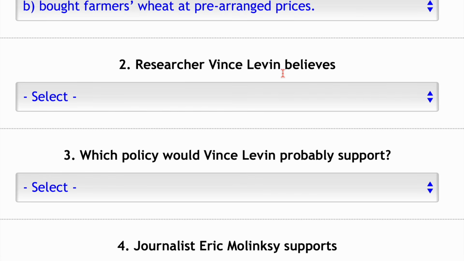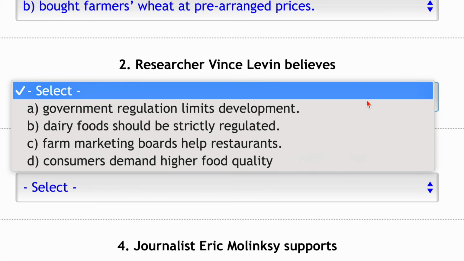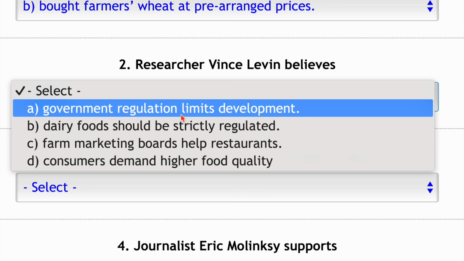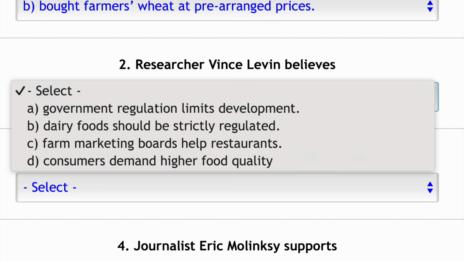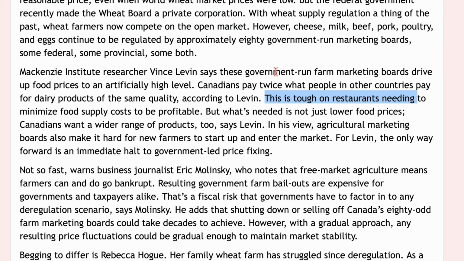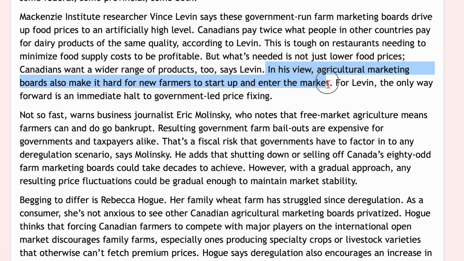So then I see here no and no. So maybe further down. Okay, right here. In his view, agricultural marketing boards also make it hard for new farmers to start up and enter the market. Right.